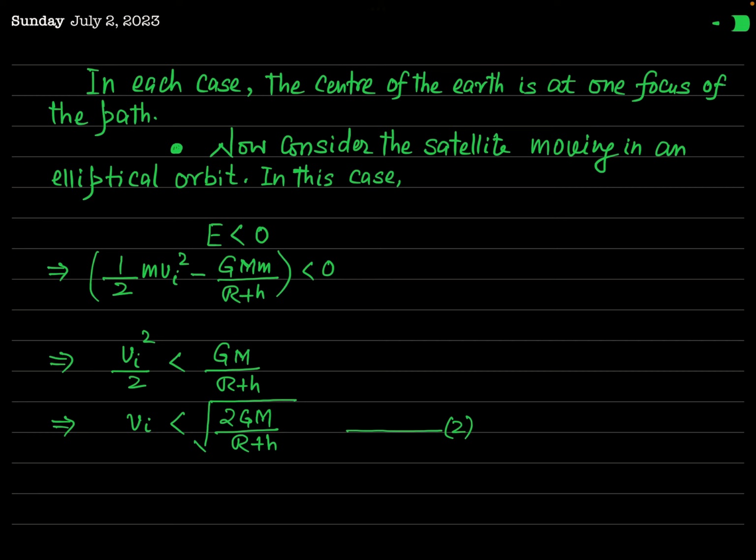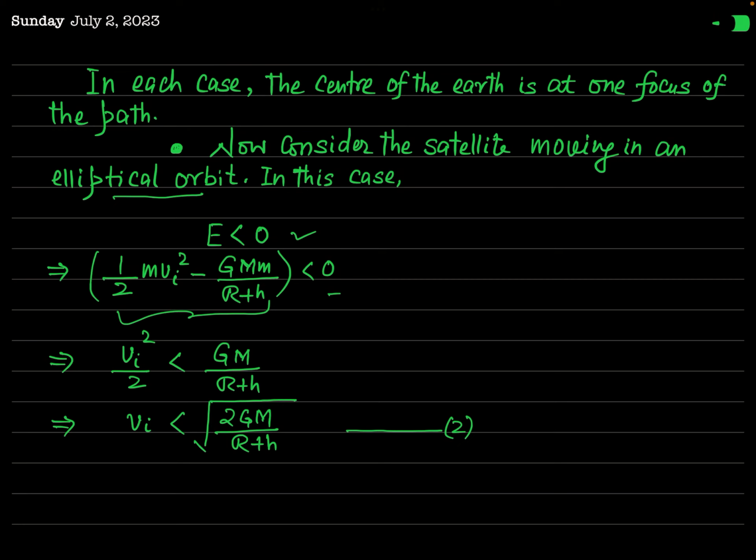So now we consider a satellite moving in an elliptical orbit. As you have seen, if the satellite is revolving in an elliptical orbit, then its energy is less than 0, that is negative. The total energy is half m vi squared minus GMm by r plus h, and this will be less than 0. What does it mean?